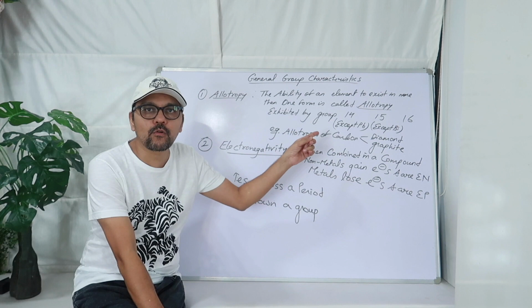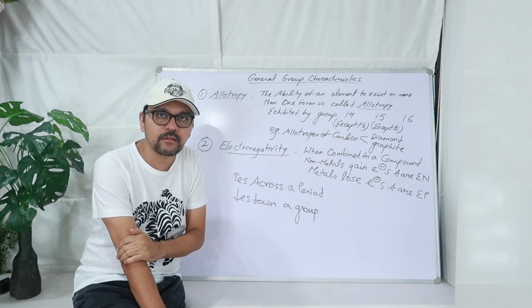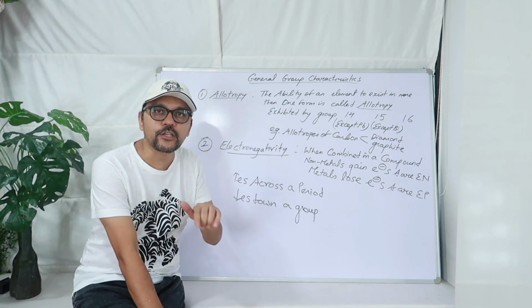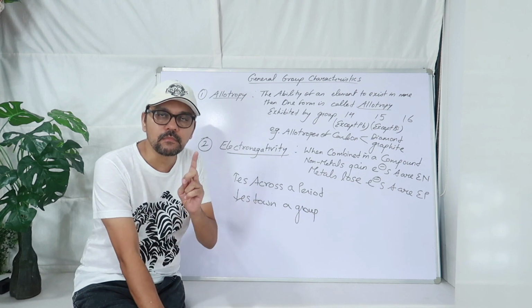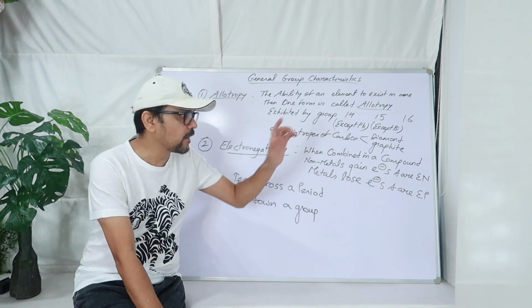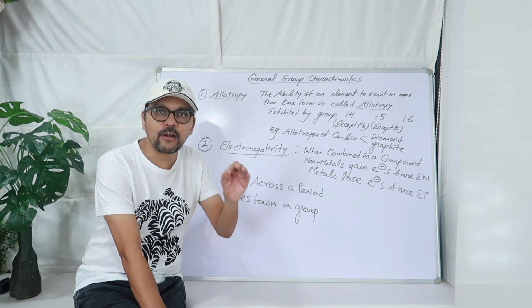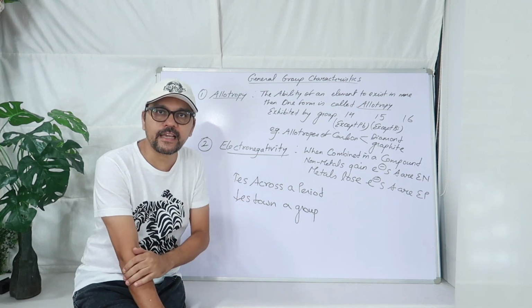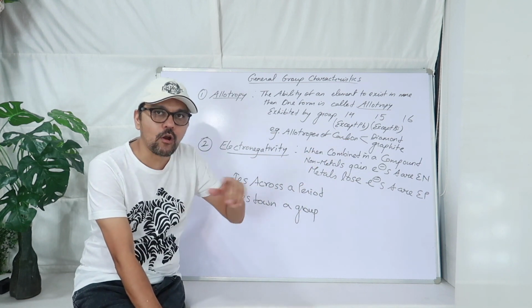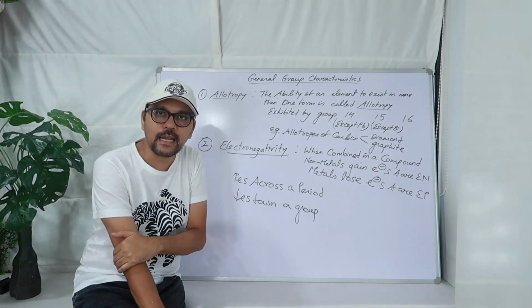Allotropy is exhibited by group 14, group 15 and group 16. But in group 14, lead does not show it. In group 15, nitrogen, phosphorus, arsenic and antimony give it, but bismuth does not show allotropy. In group 16, all the elements can show it.